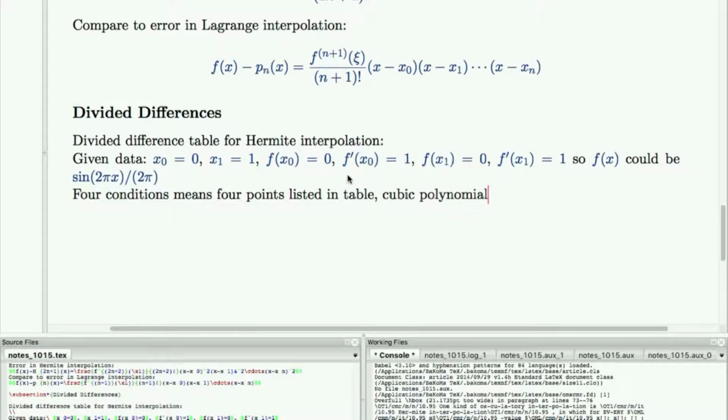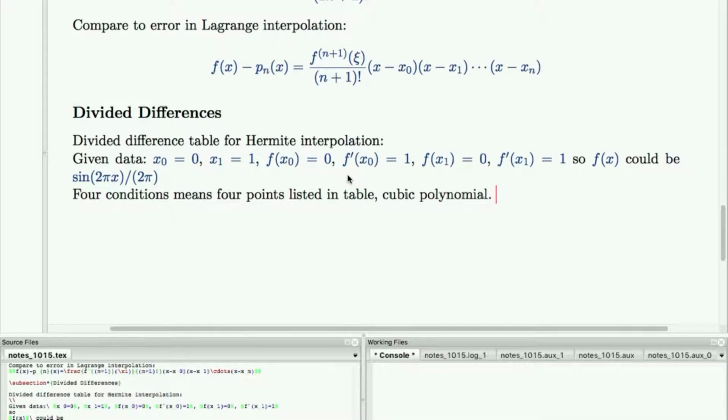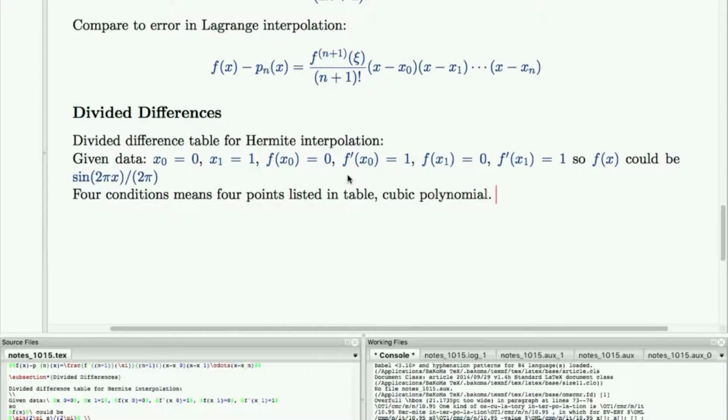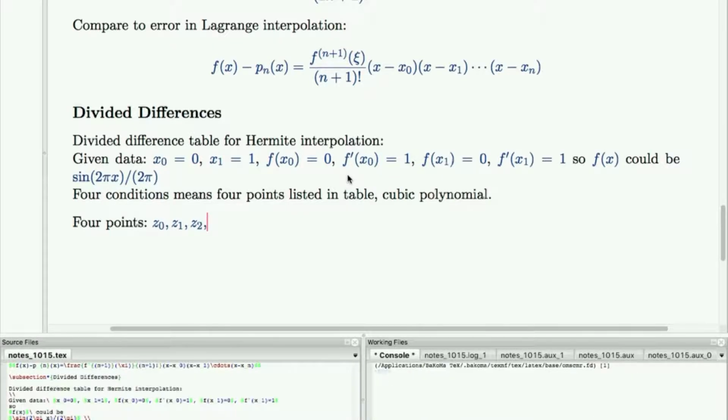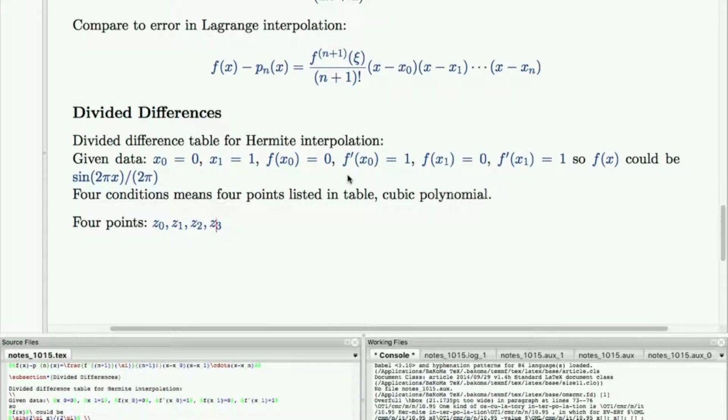What I'll do is use z values, z0, z1, z2, z3, where these are not necessarily distinct. So z0 will be 0, z1 will also be 0, z2 will be 1, and z3 will be 1.